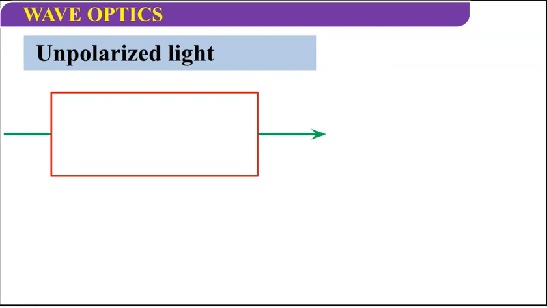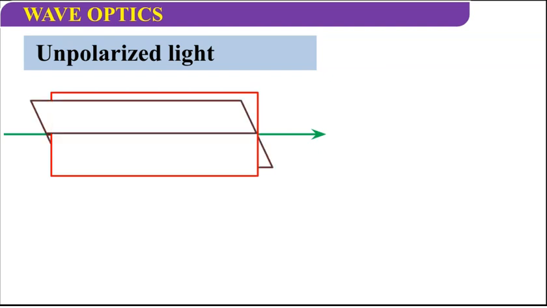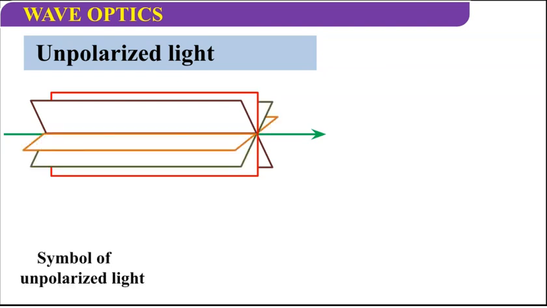Now let's start the topic unpolarized light. Unpolarized means which has various kinds of ways to move in space.